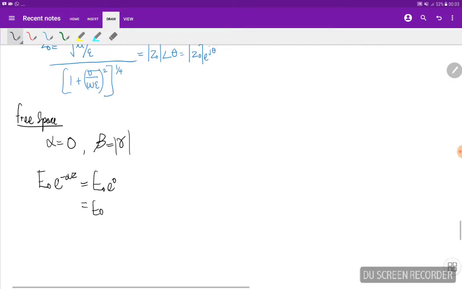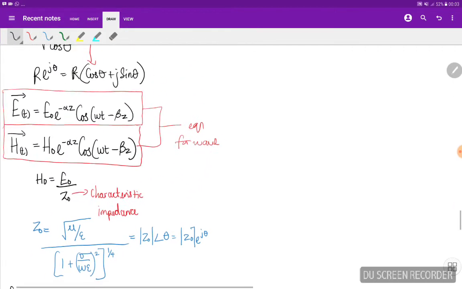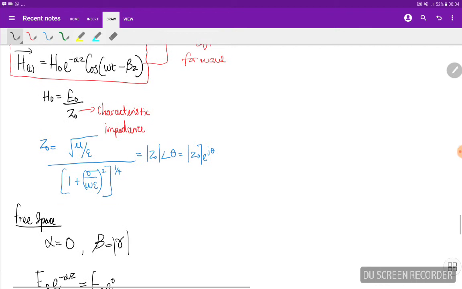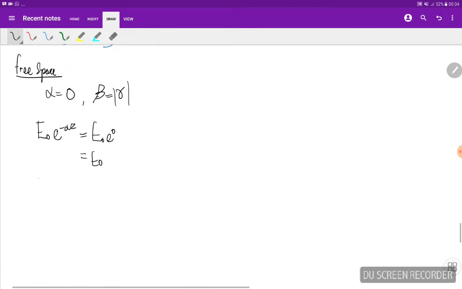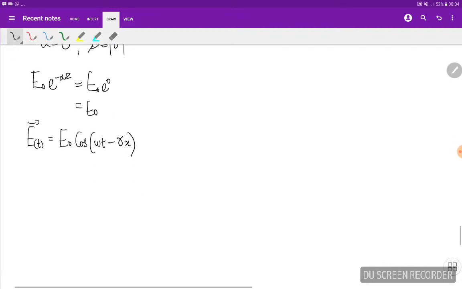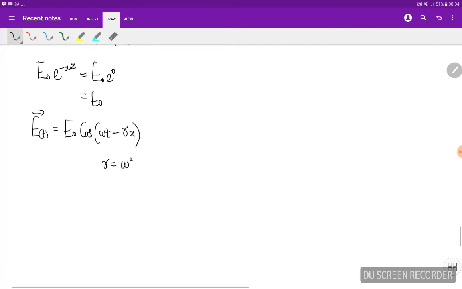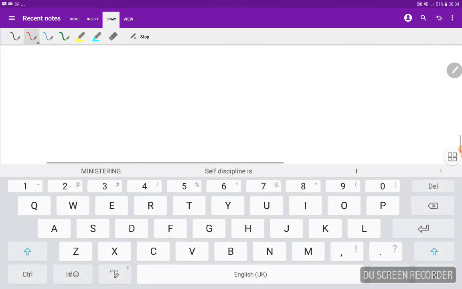So you see that the amplitude does not reduce, it stays constant, so there's no attenuation. And beta is our propagation constant in the z direction. So our final waveform for free space would be E of t equals E naught cos(ωt minus this x), where this is equal to ω squared times this epsilon, so we can just put it inside.